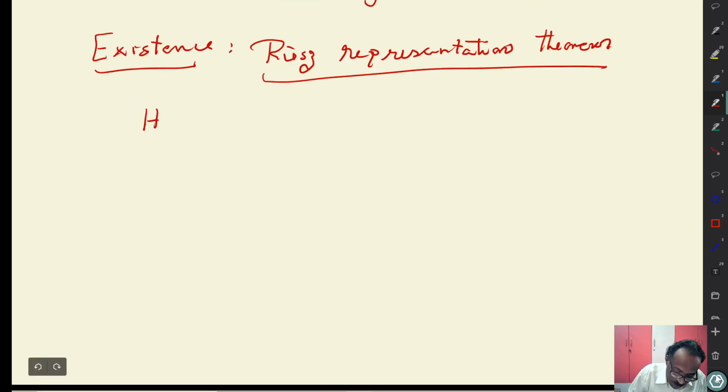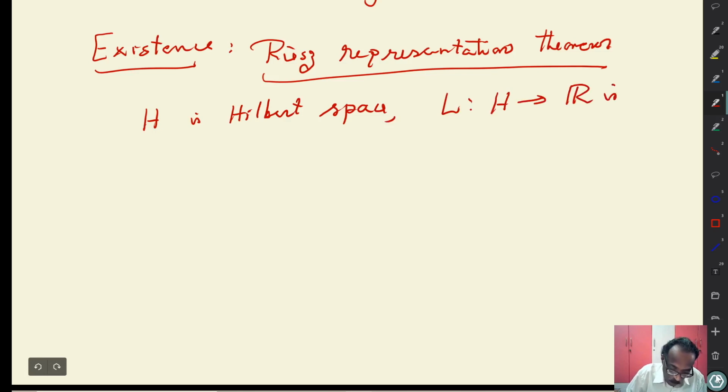Suppose H is a Hilbert space, and L from H to R is a bounded linear functional.